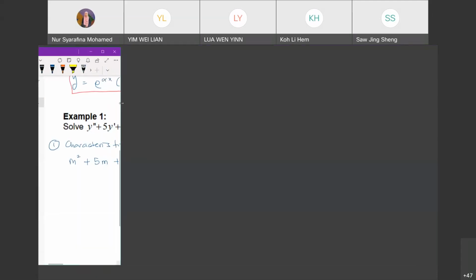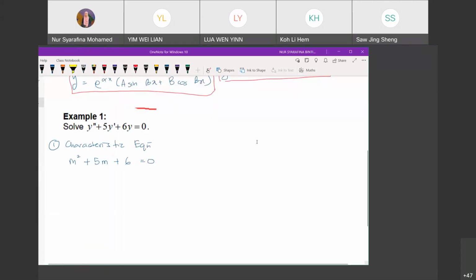What are the roots? Minus 2 and minus 3.